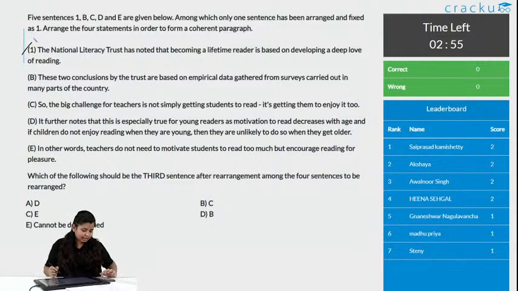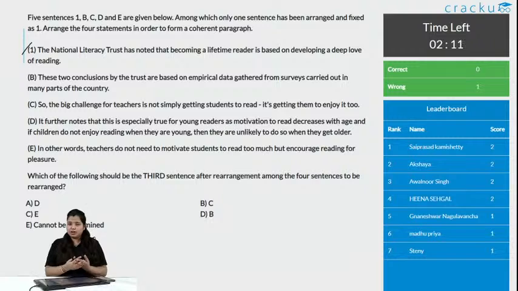The one is fixed. Yes, Aryan, it was an easy one. First thing you can do is see the noun pronoun relation.